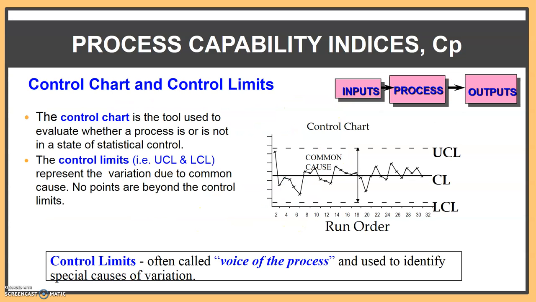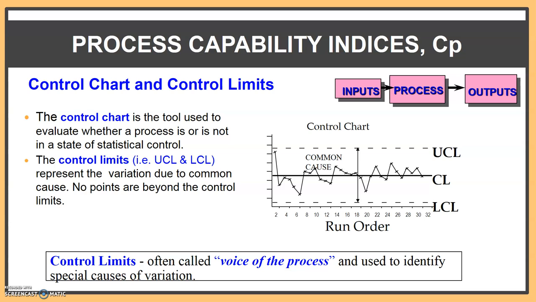As mentioned before, the magic ball, which is the control chart for process capability index, is the main tool used to evaluate whether a process is or is not in statistical control. The control limit is the powerful voice of the process used to identify the special causes of the variations.